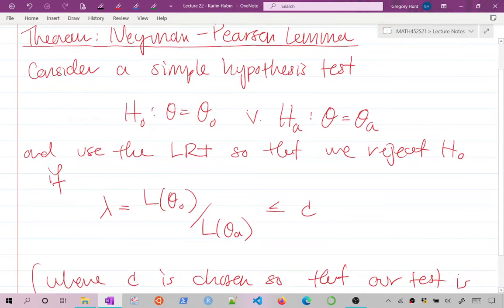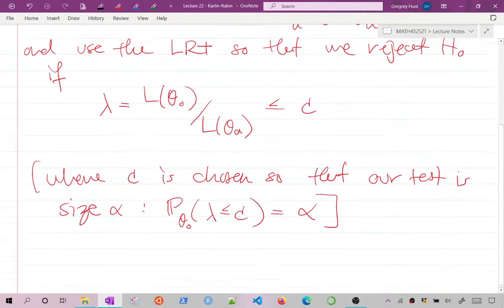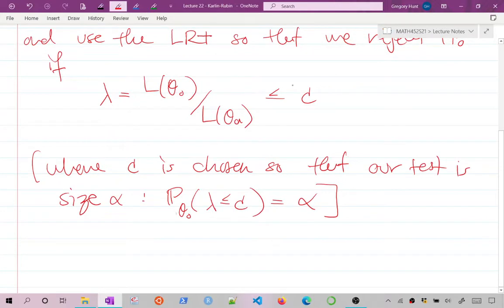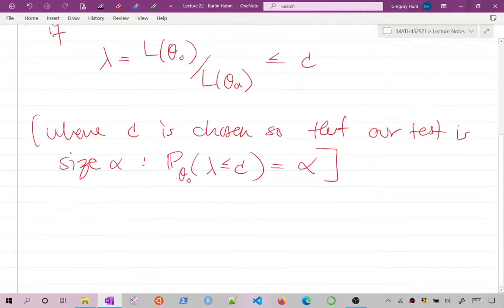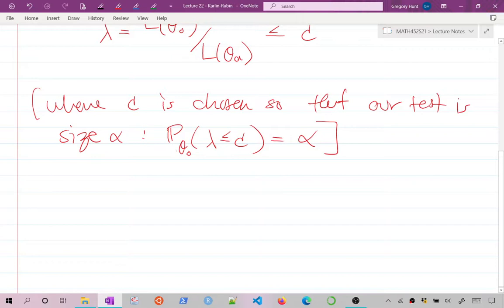So the Neyman-Pearson lemma, the punchline, which I haven't written, I've only written the setup at this point, is that if we consider this simple hypothesis, theta naught versus theta A, and we test it with this LRT, choosing the cutoff threshold to ensure that it's a size alpha test, then the statement of Neyman-Pearson is that this is the UMP level alpha test.